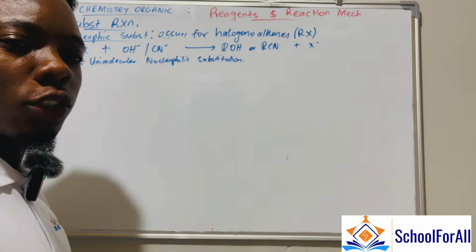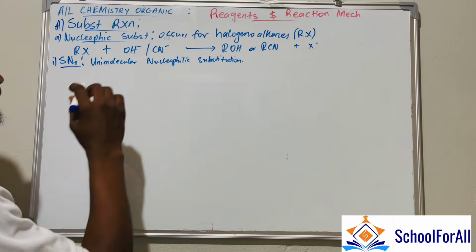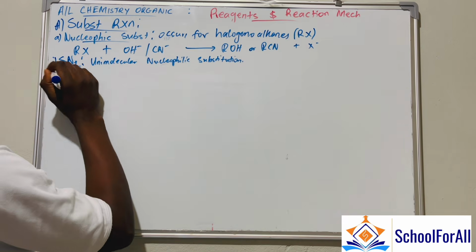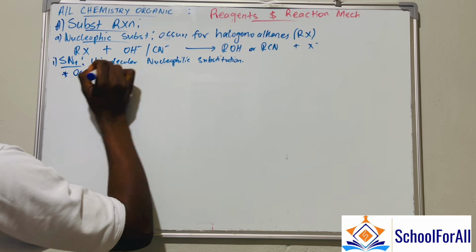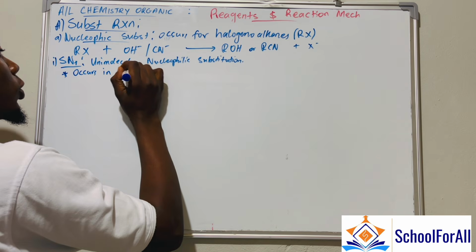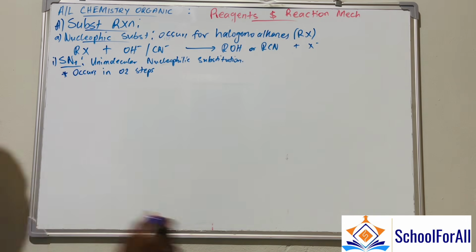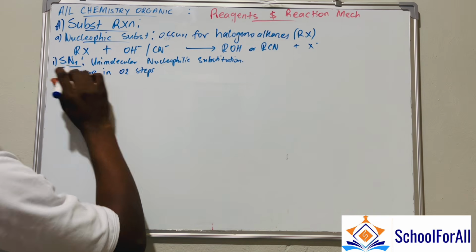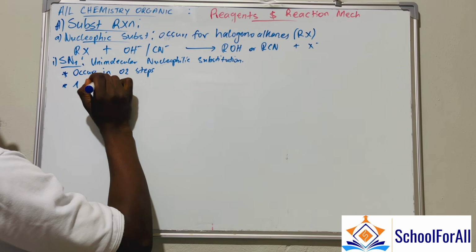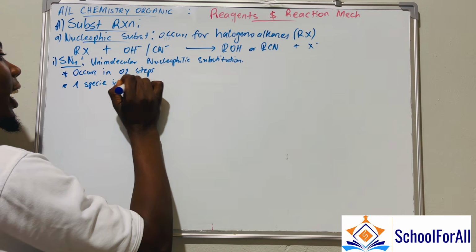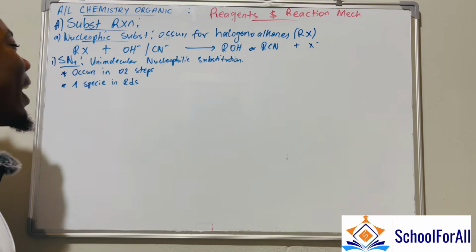Unimolecular nucleophilic substitution has some special characteristics. The first characteristic is that it occurs in two important steps. The next characteristic you are supposed to know is why it is called unimolecular: because it has one species in the rate determining step, that is the slow step which determines the rate of my reaction.